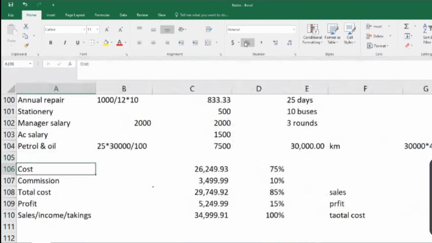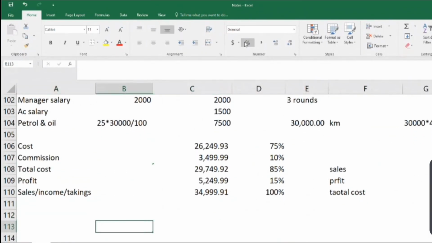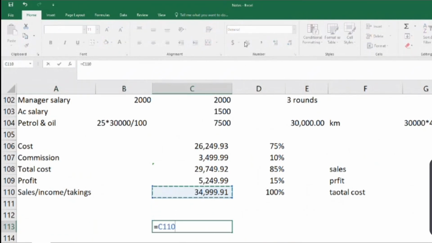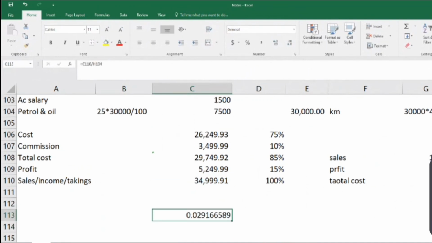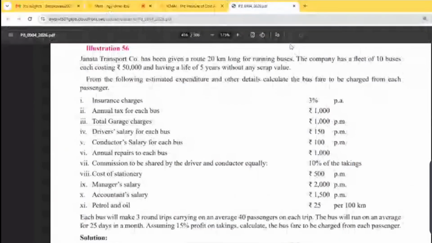What they are not asking is what cost you are incurring per passenger kilometer, but they are asking what fare you will be collecting from the passenger kilometer. So you will be dividing this by 12 lakh. So you will be arriving at this one. If you round off, you will get 3.03. 0.03 you will be collecting from your passengers per kilometer.